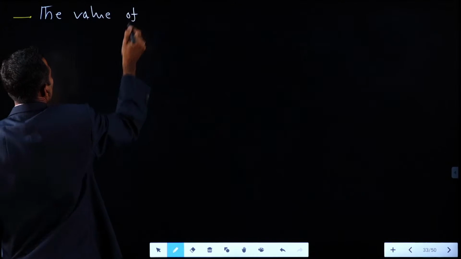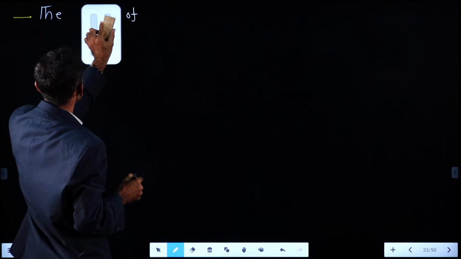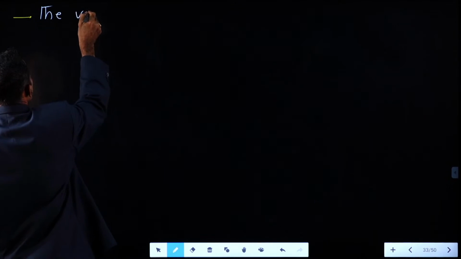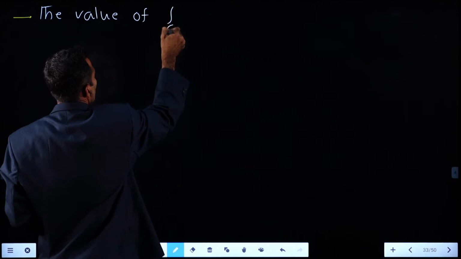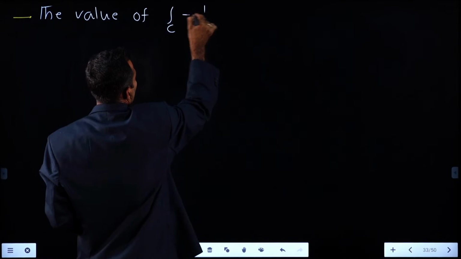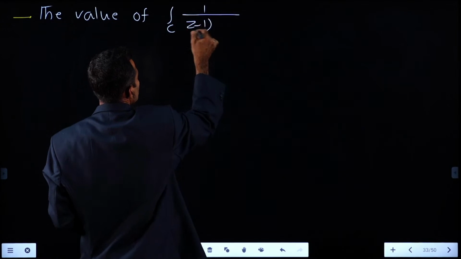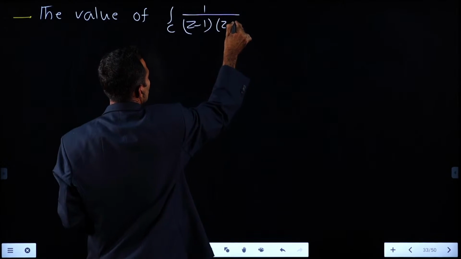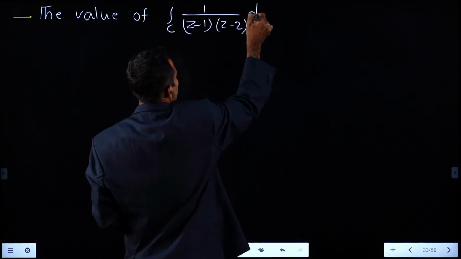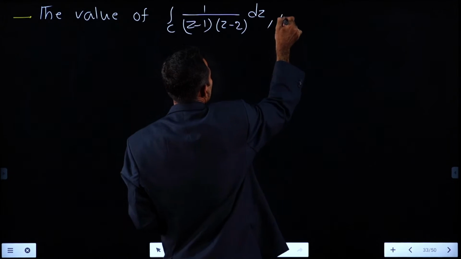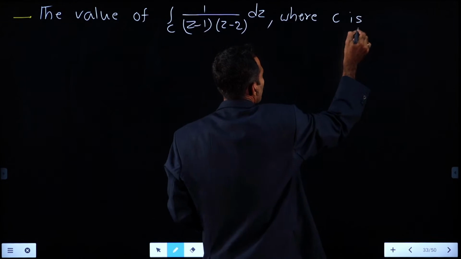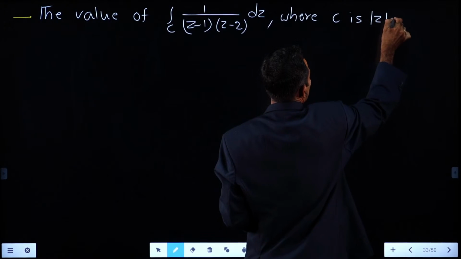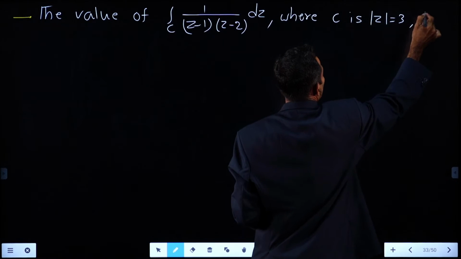The value of the integral over C of 1 by (z minus 1) into (z minus 2) dz, where C is mod z equal to 3, is.